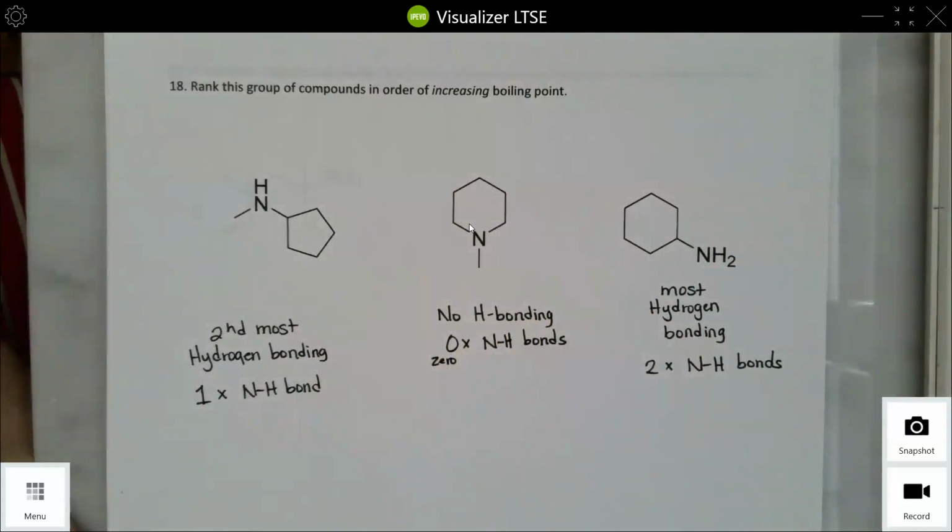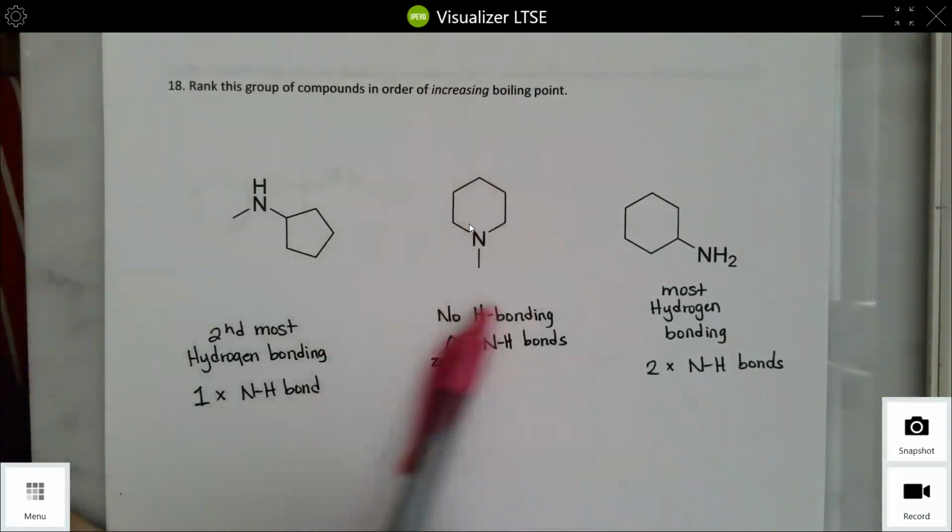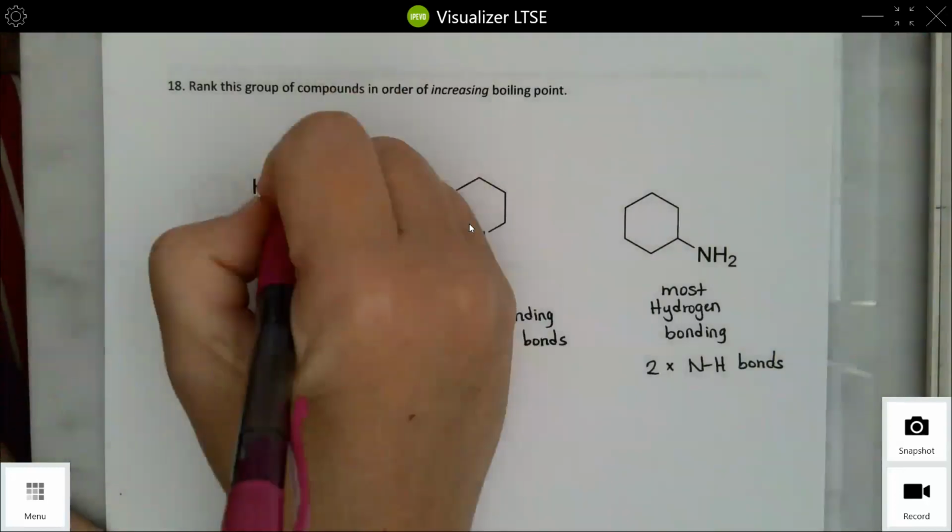Okay. So placing these in order, the ones with the most hydrogen bonding, right, will have the highest boiling point because it's going to take the most amount of energy to break apart those molecules and get the compound to boil. So increasing means we really want to start with the one that has the lowest boiling point and the least significant intermolecular forces, right?